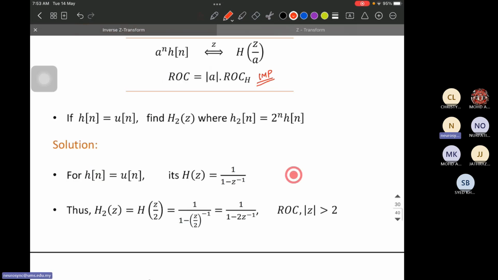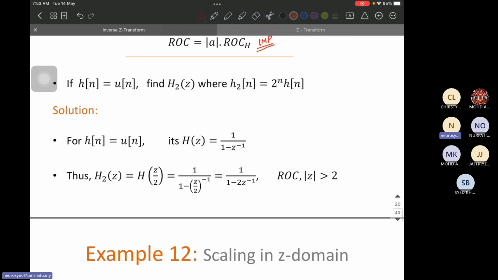Now look at the example given here. Suppose h of n is equal to the unit step signal u of n, find H2 of z where h2 of n is equal to 2 to the power n h of n. Okay.